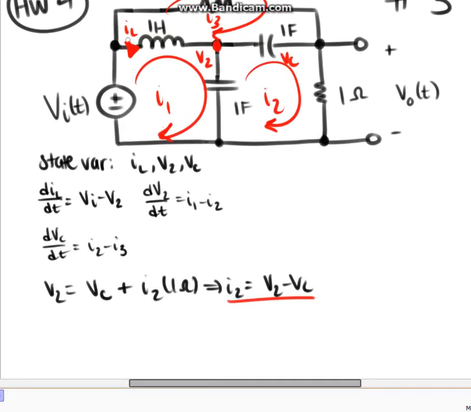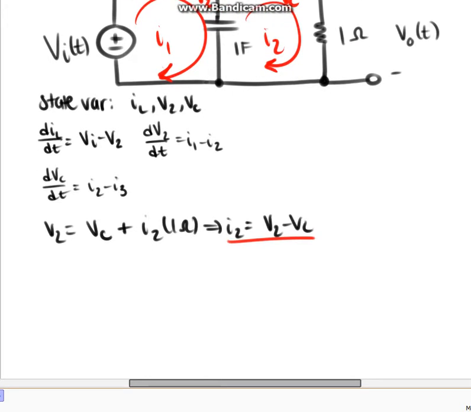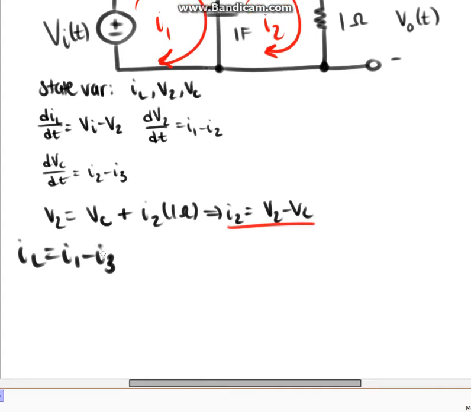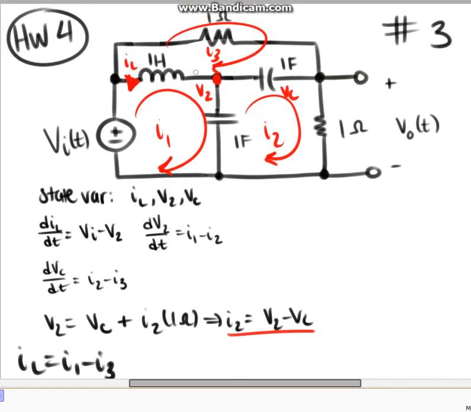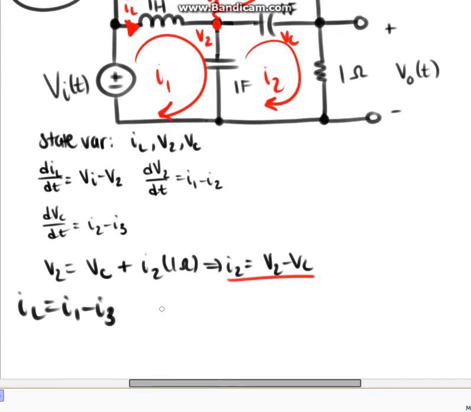We know that IL is equivalent to the difference of I1 and I3 based on how I drew the mesh currents. So let's write that down. In order to solve for I1, we need to find I3 first. Luckily, using KVL, I3 times 1 ohm is equivalent to the voltage across the inductor and the voltage across the capacitor.